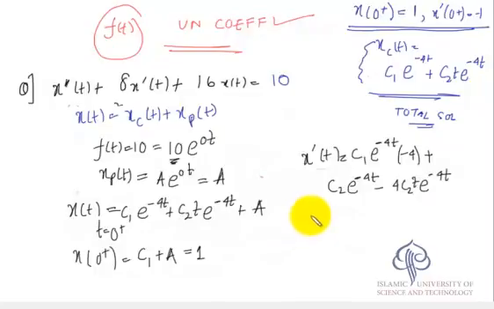Again the same thing, but a is going to be differentiated as 0. So x'(t) at t is equal to 0+, on the left hand side you'll have minus 1, on the right hand side you have minus 4 c1 plus c2. So these are the two equations that you get.